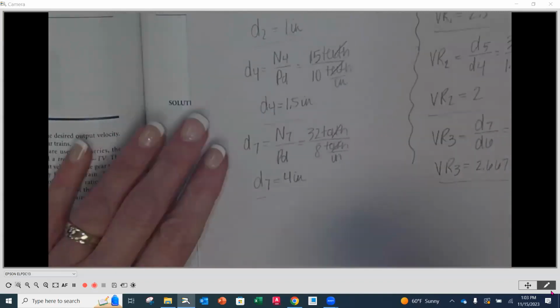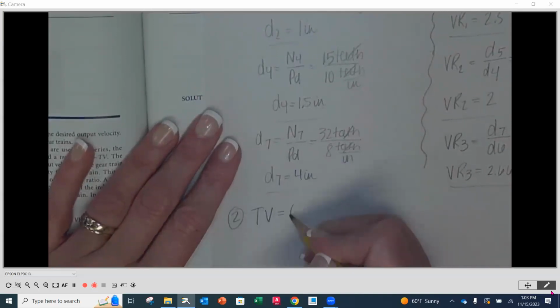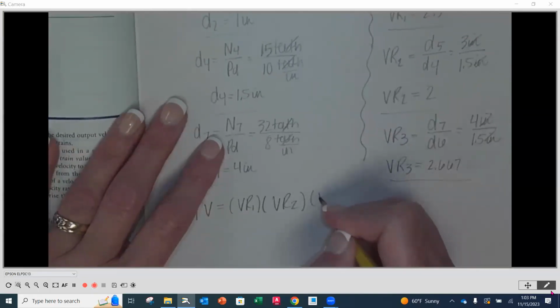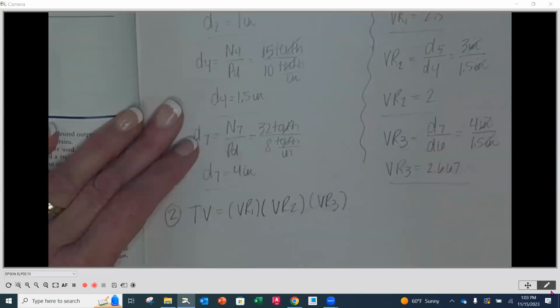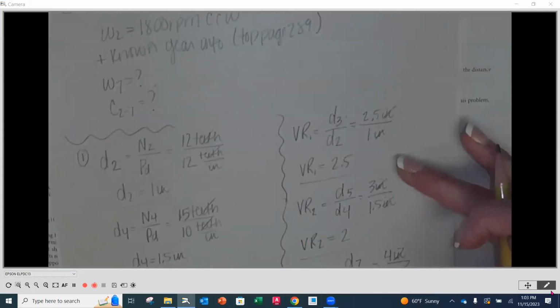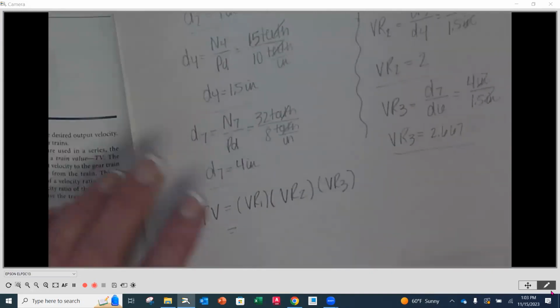So the next thing we're gonna do is number 2, train value is gonna be equal to velocity ratio number 1 times velocity ratio number 2 times velocity ratio number 3, okay? And we have all of those numbers right here. So 2.5 times 2 times 2.667.